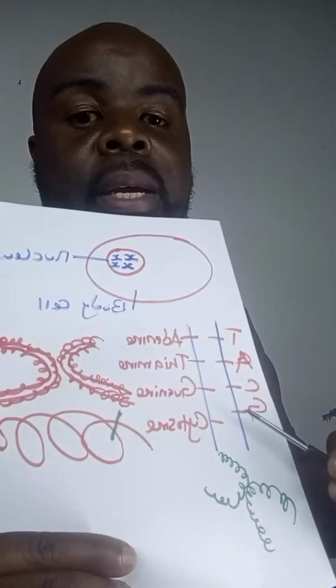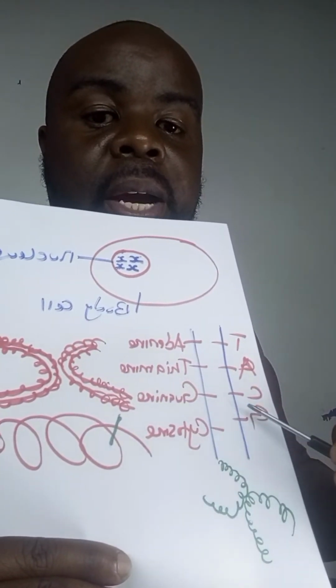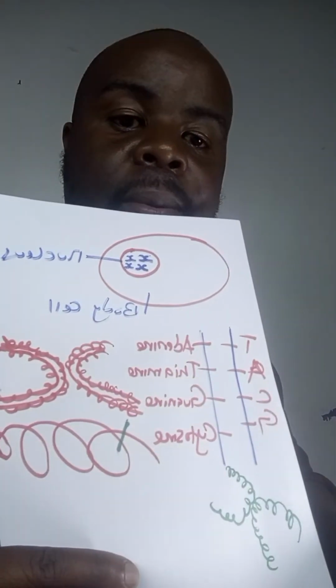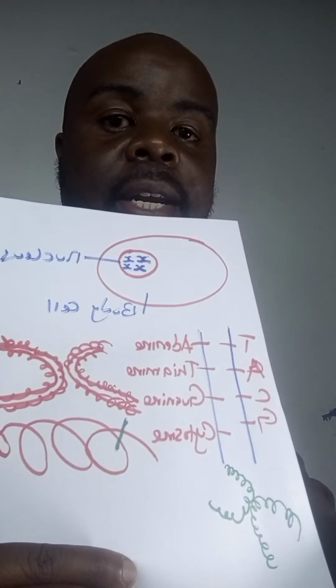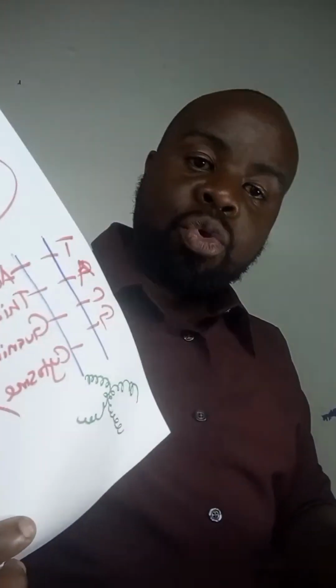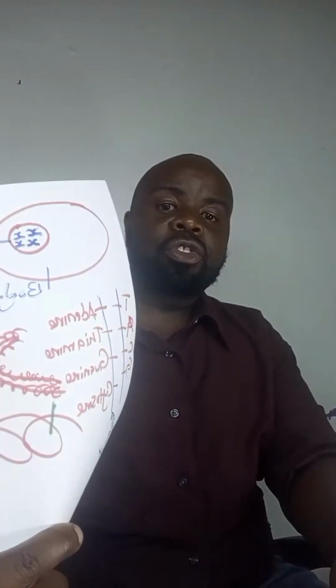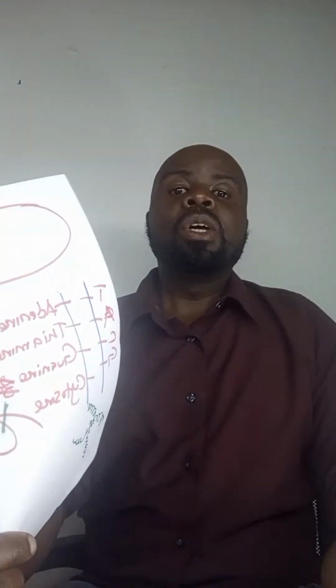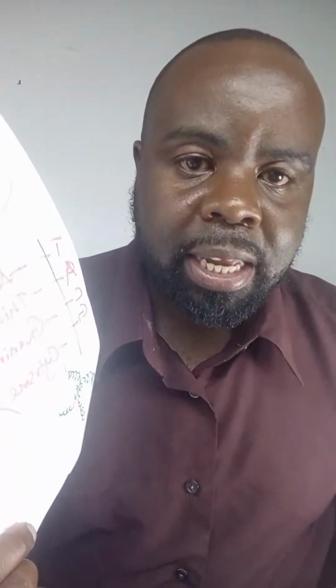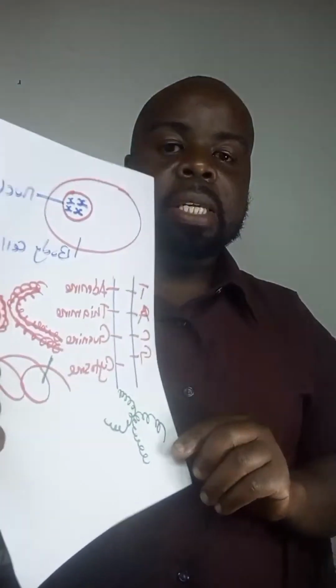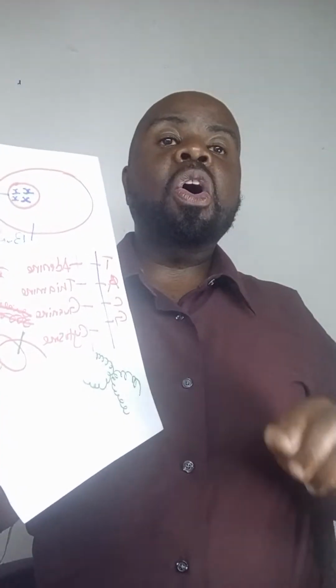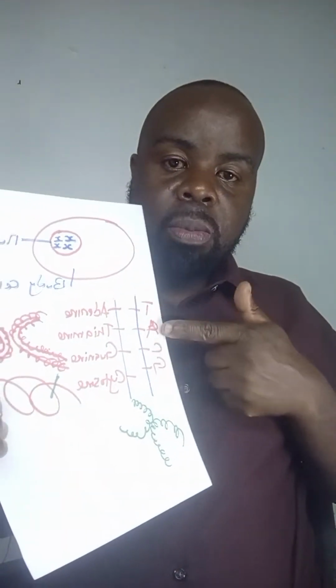And then here we have cytosine binding to another one, guanine. Now we want to know if the DNA that was found is yours, and the only thing that we do is to match these strands.